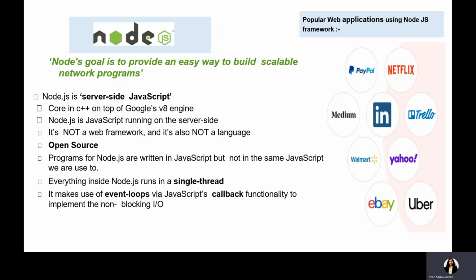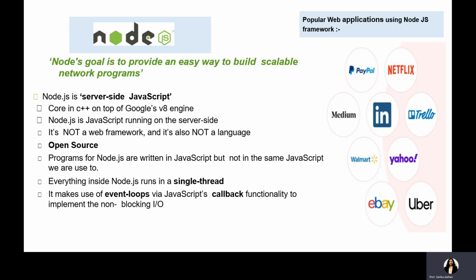It has gained popularity through its outstanding performance in building scalable network programs. PayPal, Netflix, Medium, LinkedIn, Walmart, Yahoo, Uber, and many more web applications are there. All these websites and applications are some of the popular brands that are developed using the Node.js framework.